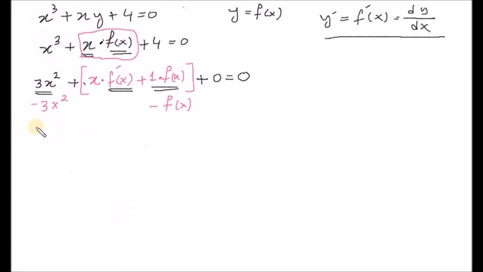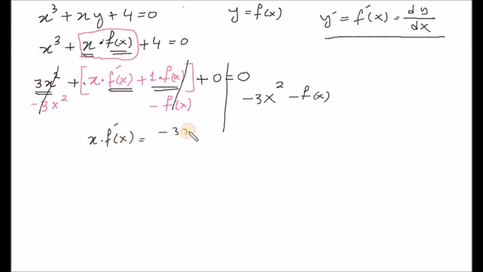I forgot to subtract it from that side as well. So subtract 3x squared from this side, and I will subtract f of x from that side as well, because I have an equation here. So these will cancel. You will end up with x times f prime of x is equal to negative 3x squared minus f of x.